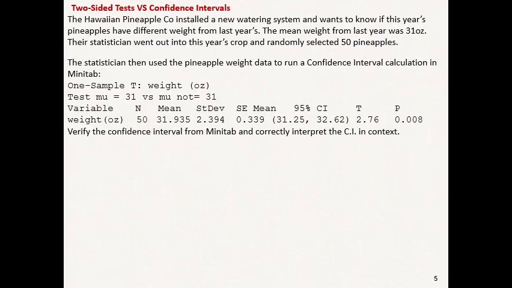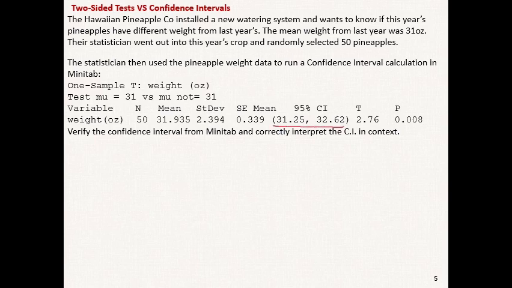All right. And then it asks us to verify the confidence interval from Minitab. So here we did the same example. The statistician, after running the t-test, used the pineapple data to run a confidence interval and ran that in a Minitab printout. So you can see here that we have the confidence interval listed.